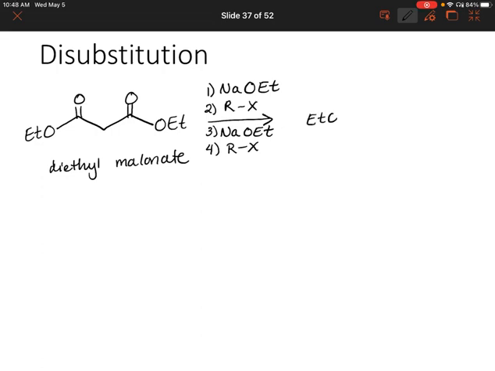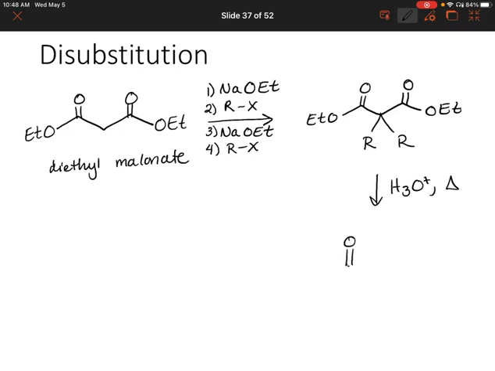So then that will give us a disubstituted malonate here. And then we add acid and heat to form our carboxylic acid. But this time we have two R groups.